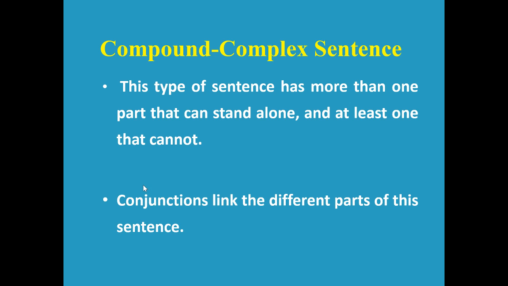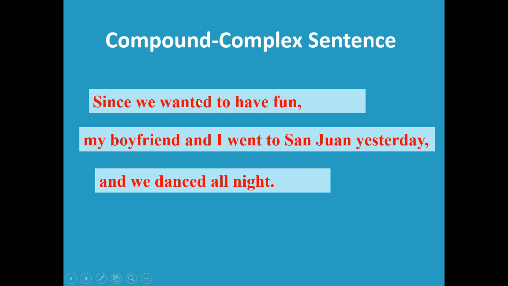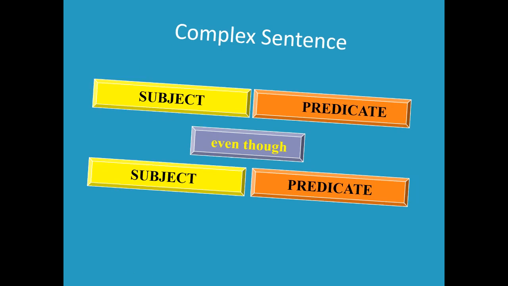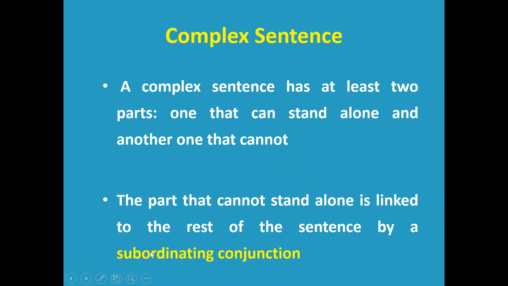Now, in a compound complex sentence, as you can see, conjunctions link different parts of this sentence. There are three parts, so these three parts need to be joined together, and a conjunction will be used. But as previously we saw, in a complex sentence it says subordinating conjunction.